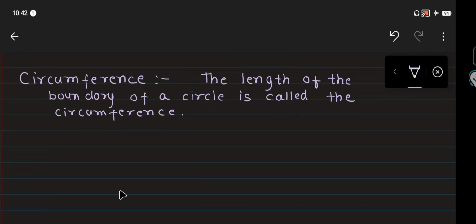You can also say that it is the perimeter of a circle.